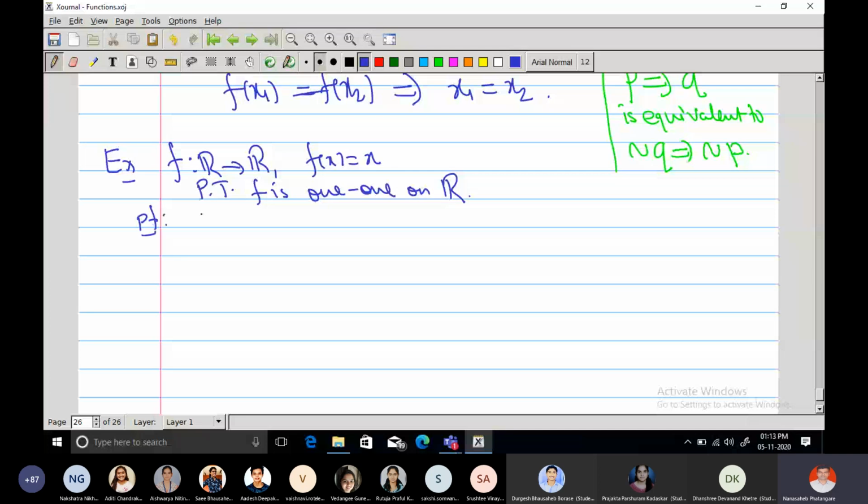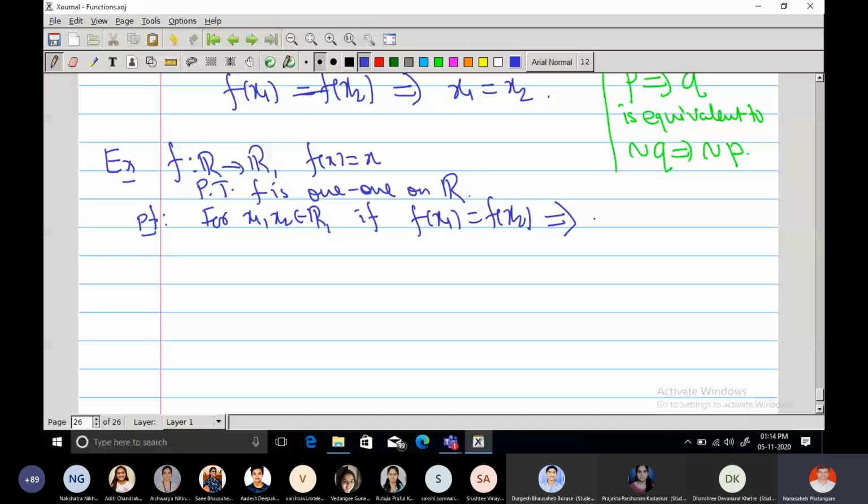For x1 and x2 any two real numbers, if f(x1) is equal to f(x2), if images are equal, what do we expect? x1 equal to x2, correct.